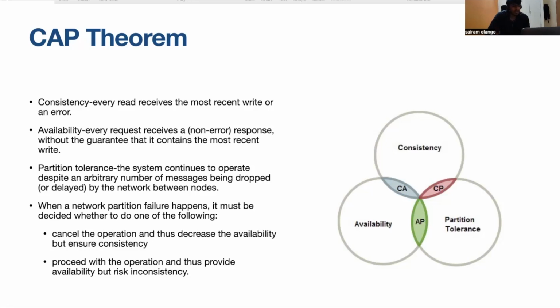So you can see on my screen, consistency. If I write a particular piece of data in my distributed database, and if I immediately read that, and the data is updated, then I could say that my system is consistent.